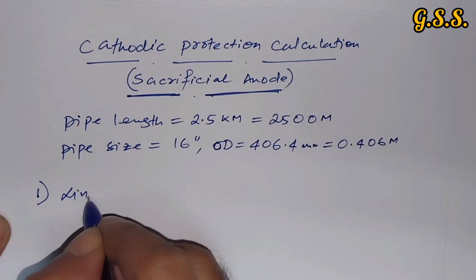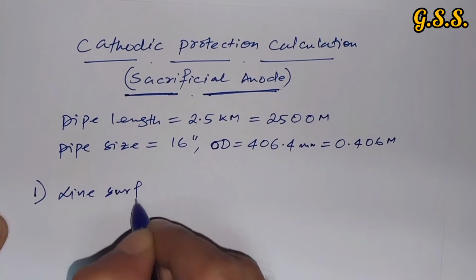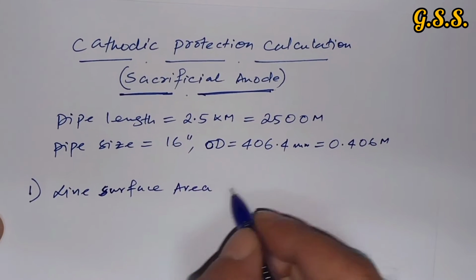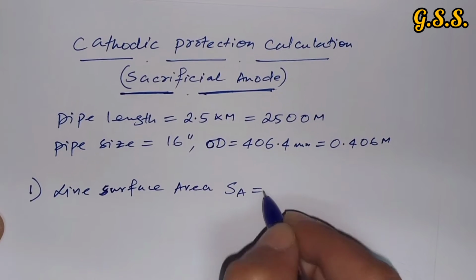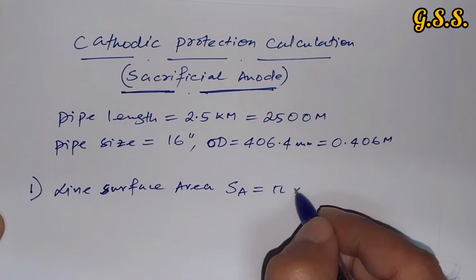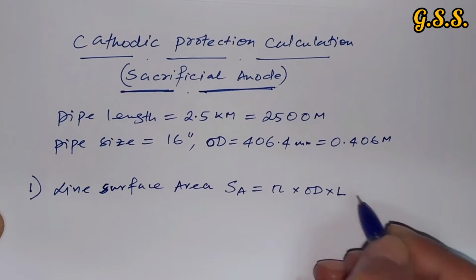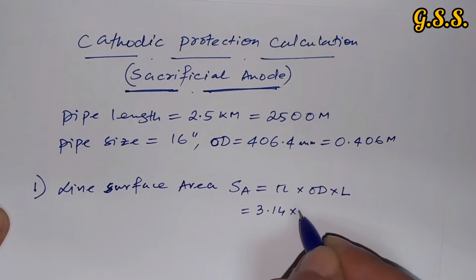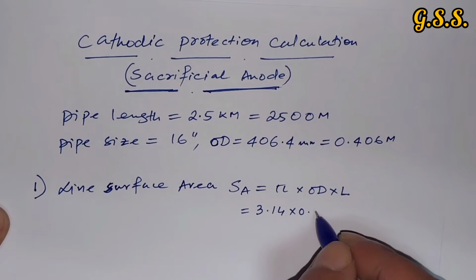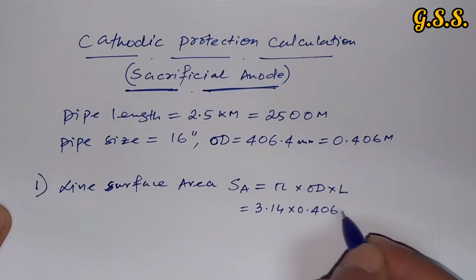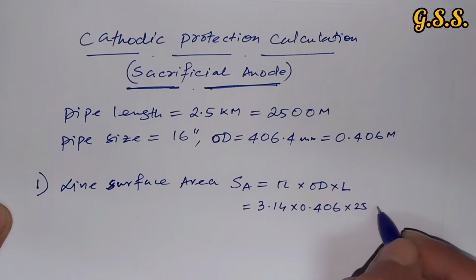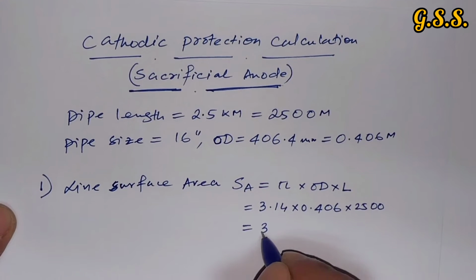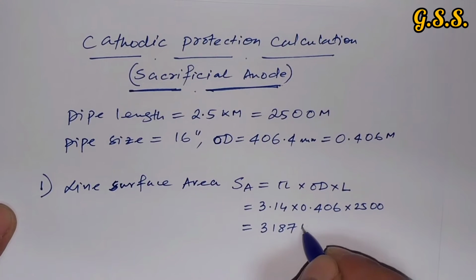So line surface area SA equals pi into OD into L equals 3.14 into 0.406 into 2500 equals 3187 meter square.